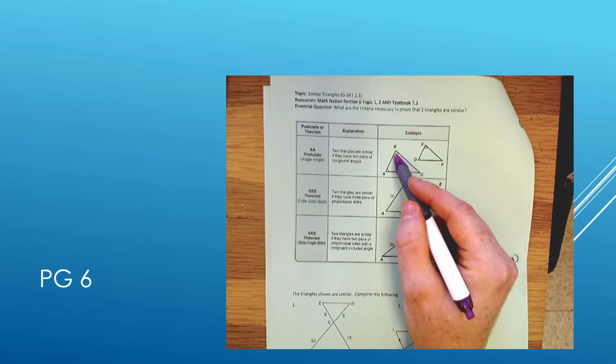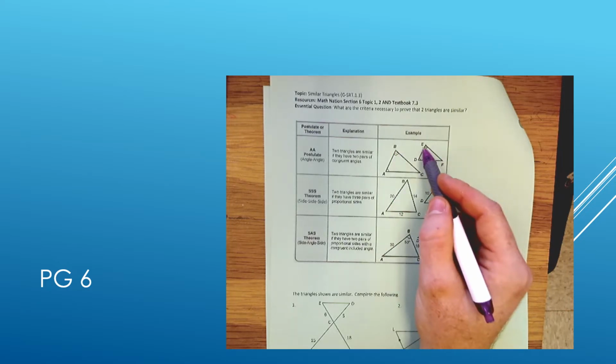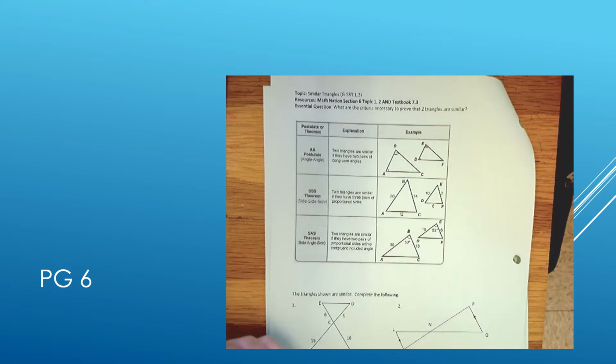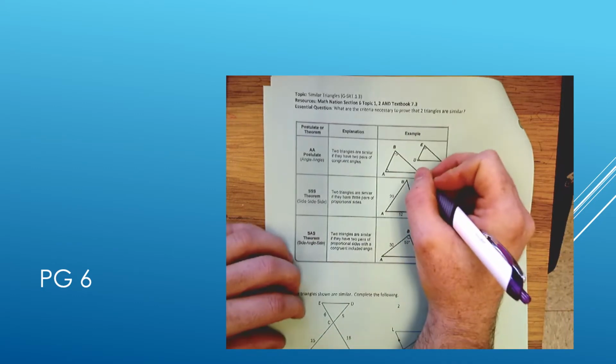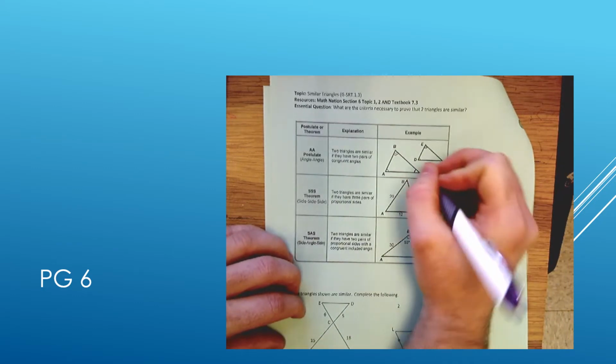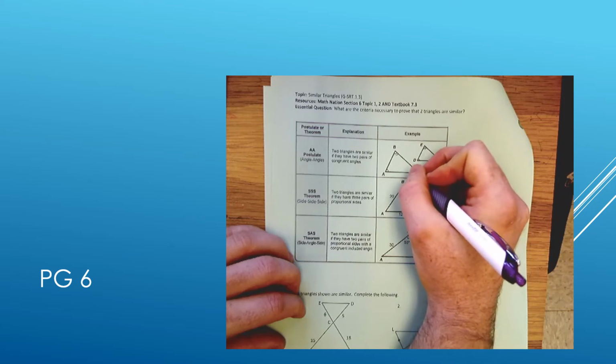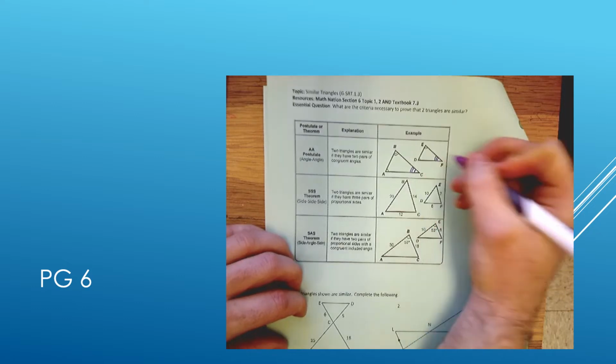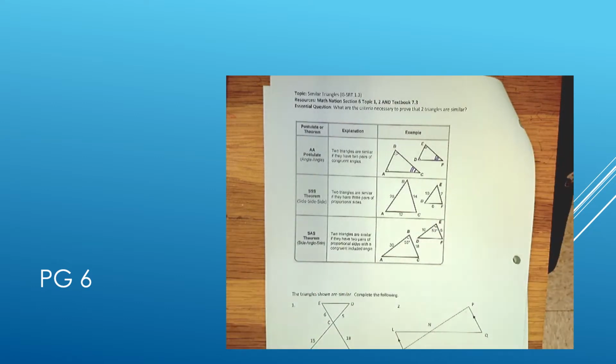Then you have B, which has two arcs, and E, which has two arcs, so they are congruent. That would prove the AA postulate. A little fun fact for you is that if two of the angles are congruent, the last angle would also end up being congruent, but you just have to find two to prove that they're similar.